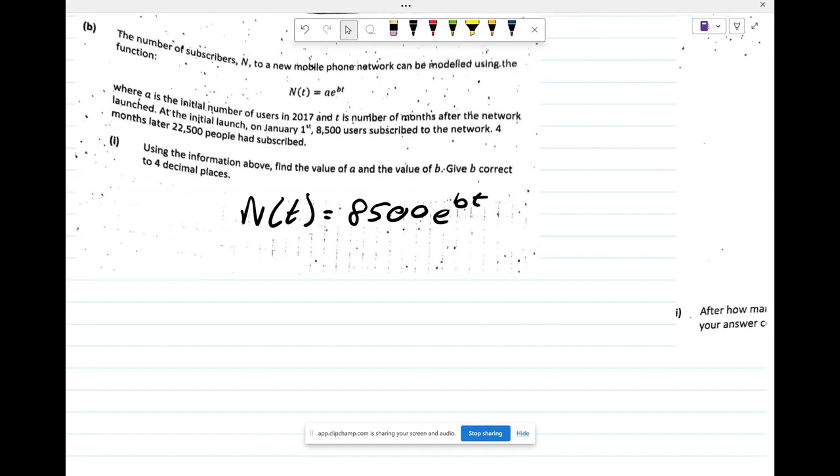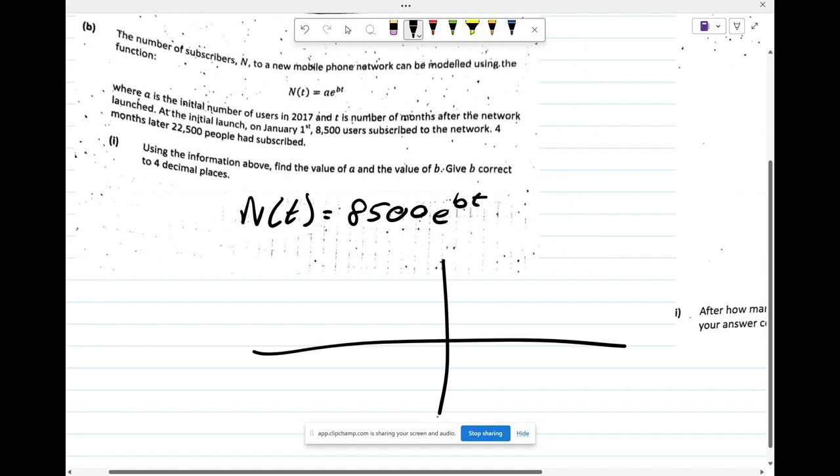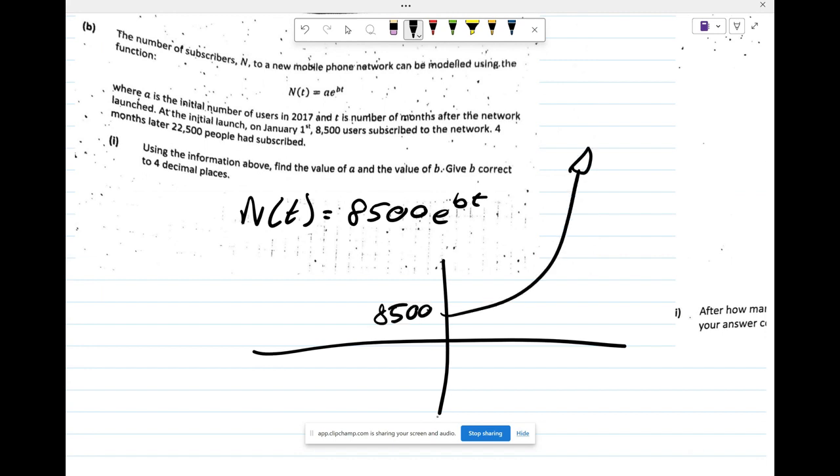So that means, again, if we draw it out, if this was our function and this was 8,500, this means 4 months, so this was 0, 1, 2, 3, 4. We go up till we hit the function, and this is 22,500. And this is our output.